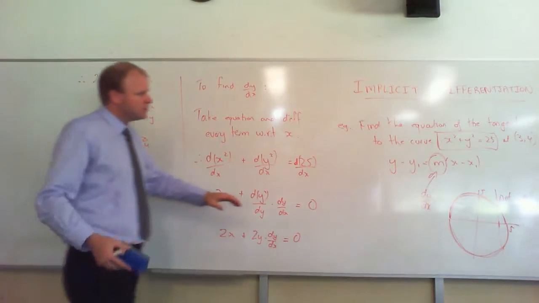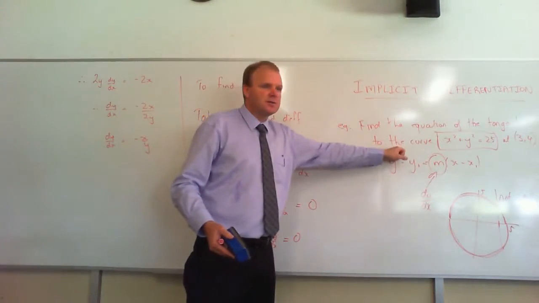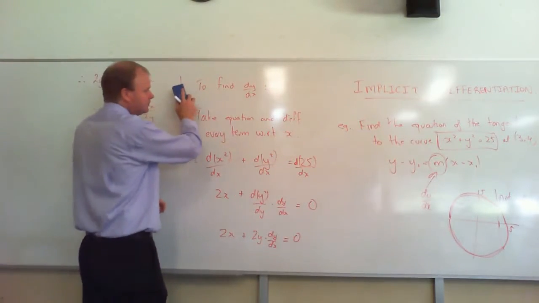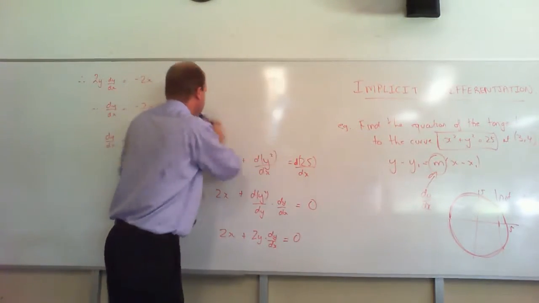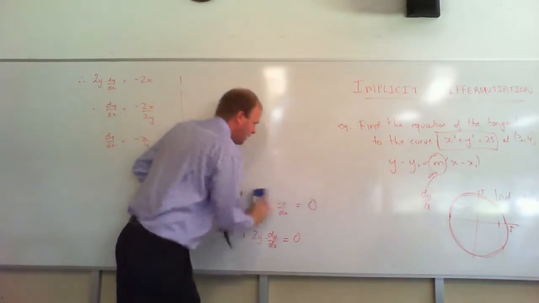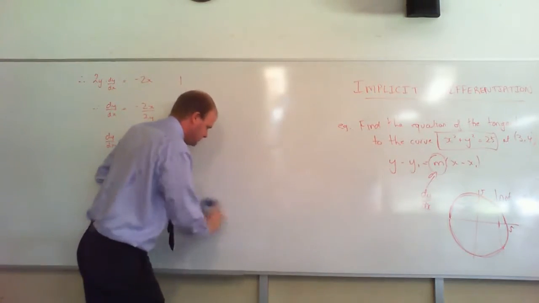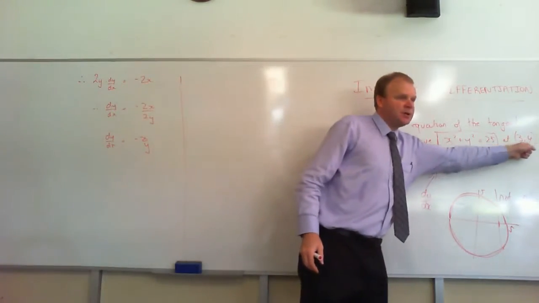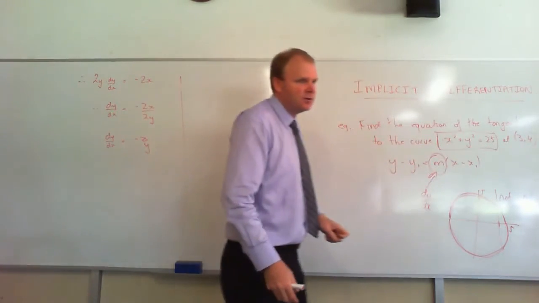Coming back to the original question, now we can find the equation of the tangent. So I'll rub this one out. We want to know the equation of the tangent at this point, at 3, 4.